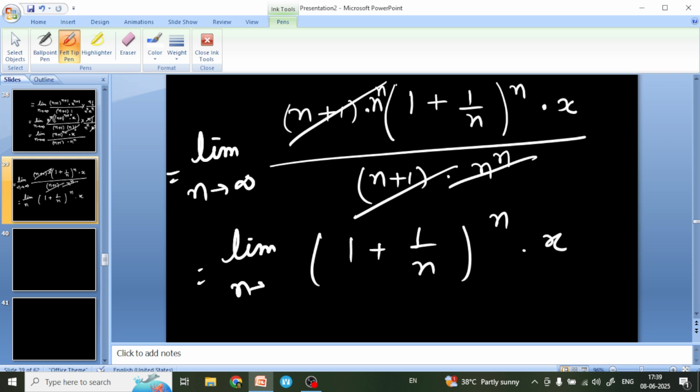Limit n tends to infinity. Now put the value.